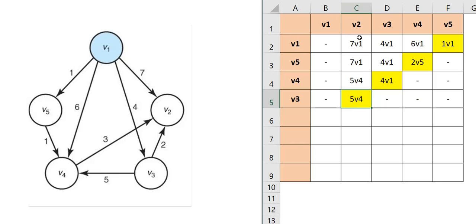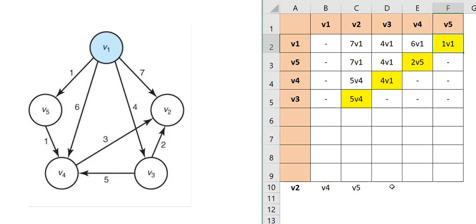V1 to V2 is coming from V4, so to go to V2, we have to come through V4. But how can we get to V4? To get to V4, we have to go through V5. And how can we get to V5?